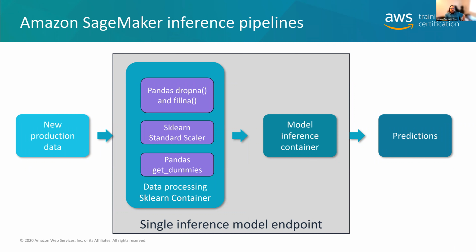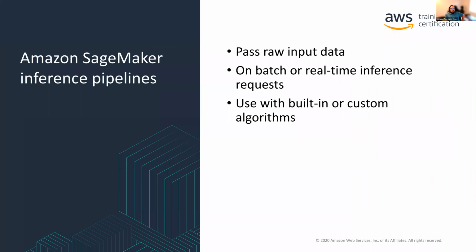This is what the SageMaker inference pipelines are for, so you can do some pre-processing against the data as it comes in. This way, you could just pass in raw input data and then generate the batch or real-time inference requests, and you can use it with built-in or custom algorithms, right? In general, I don't encourage the submission of raw data, but this is a way you could get around that.